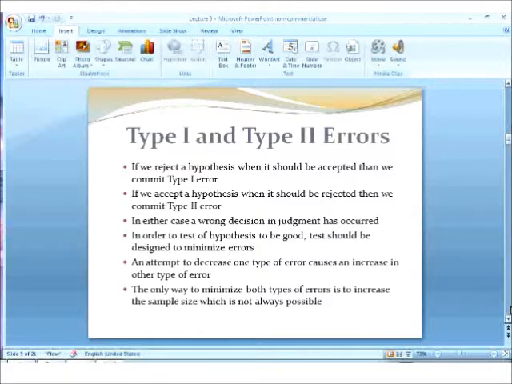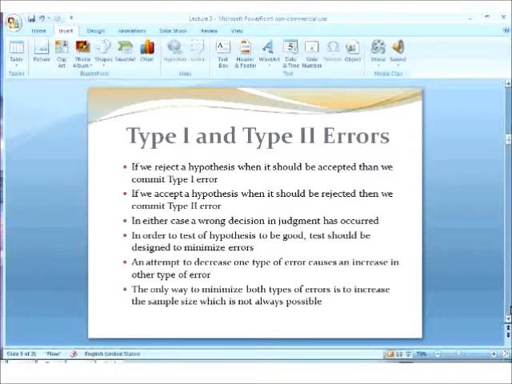So if we reject a hypothesis when it should be accepted, then we commit type 1 error. So let's say we conduct a z-test, and our null hypothesis is that the average height of man in Karachi in Pakistan is 65 inches. Then the alternative hypothesis is that the average height of man in Pakistan is less than 65 inches.